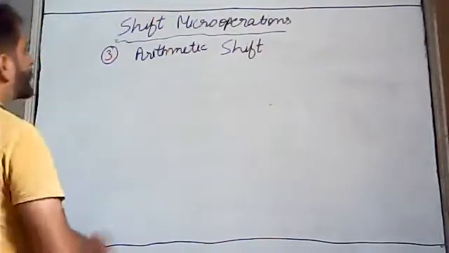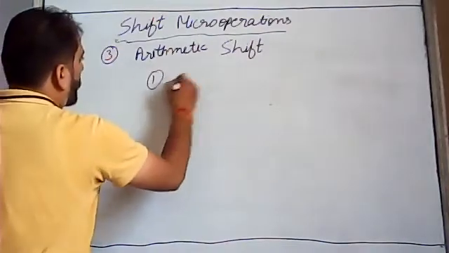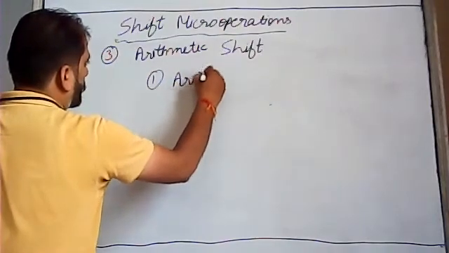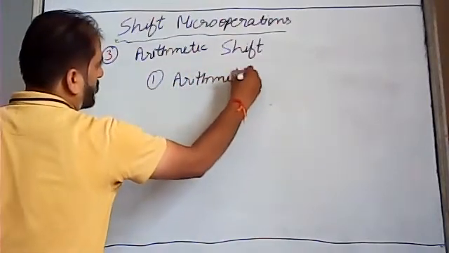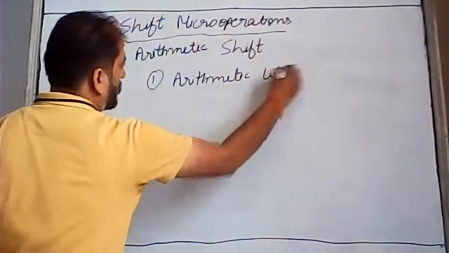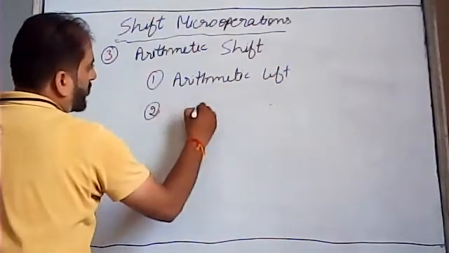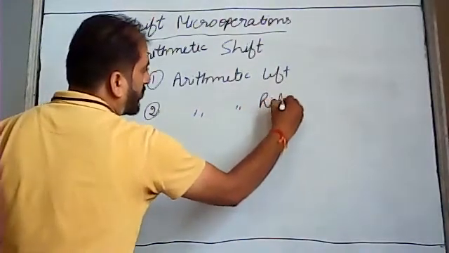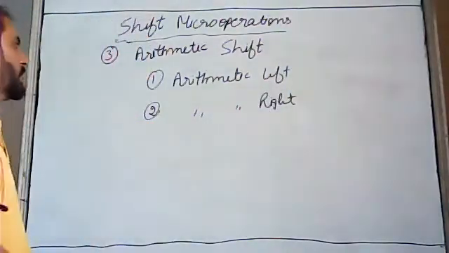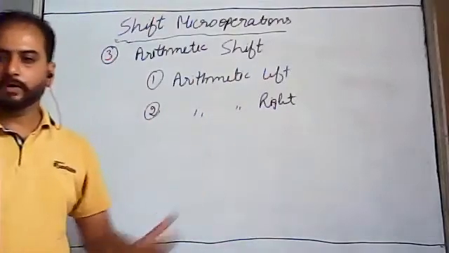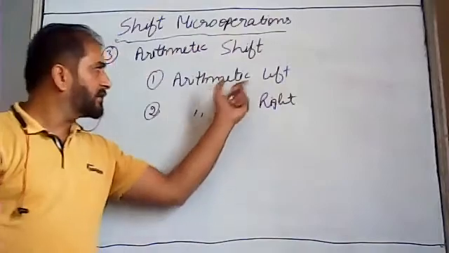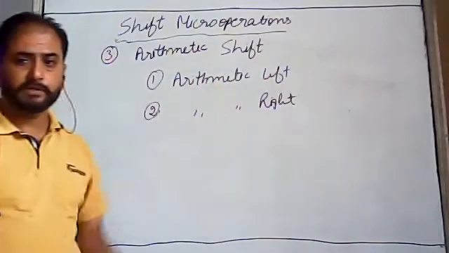One is arithmetic shift left, and the second is arithmetic shift right.